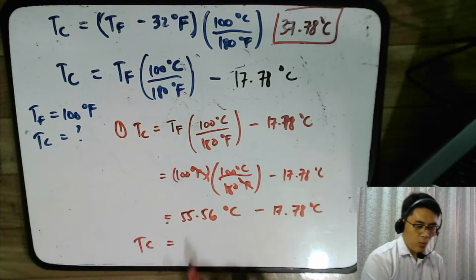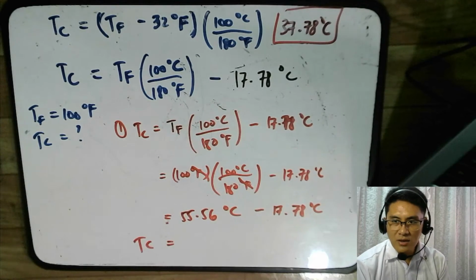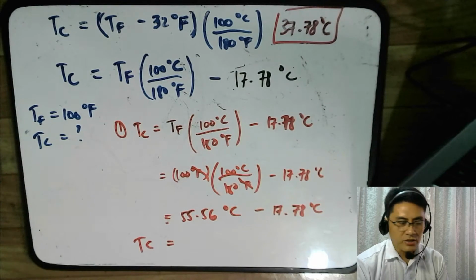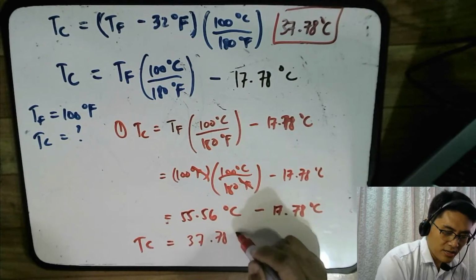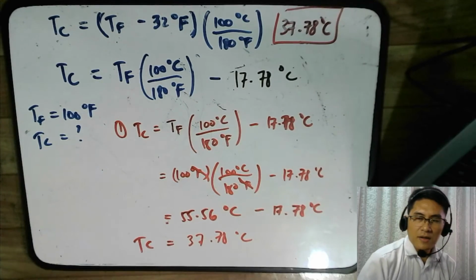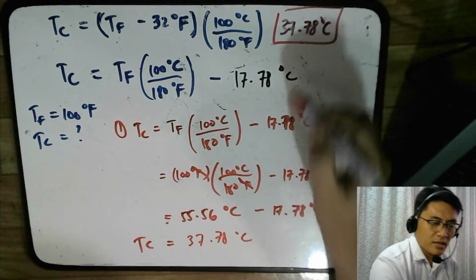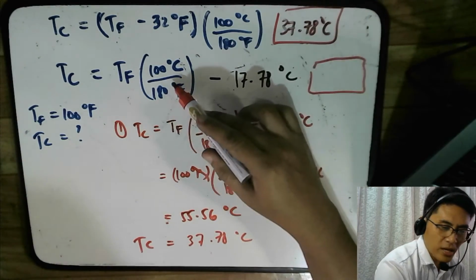So let me do that in my calculator, 55.56 minus 17.78. Guess what? We get 37.78 degrees Celsius.